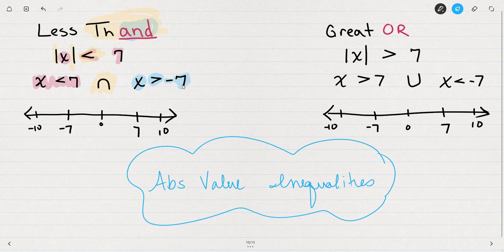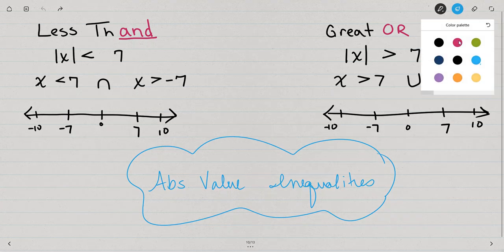Now, this approach, using this mnemonic that when we see less than we see "and," is more of a memorize-the-rule approach. What's even better at this level, now that you're in pre-calculus, is if you can just understand what this means. What does it mean when we say that an absolute value is less than 7?